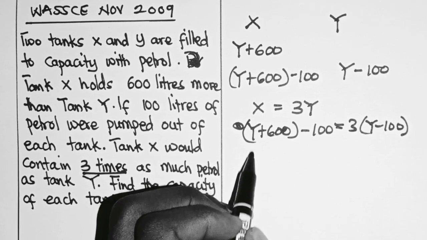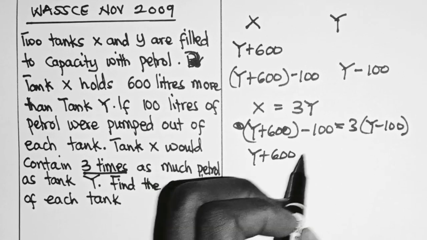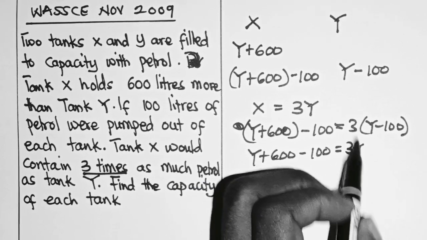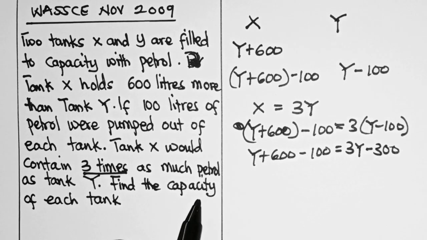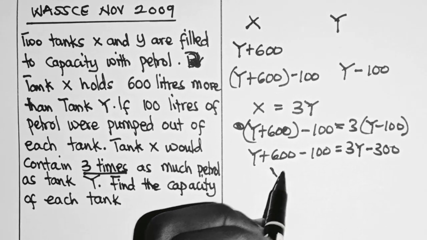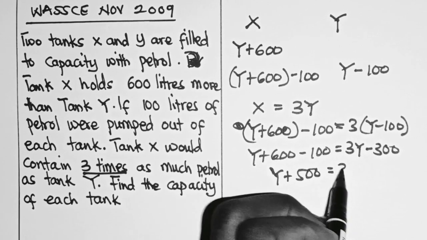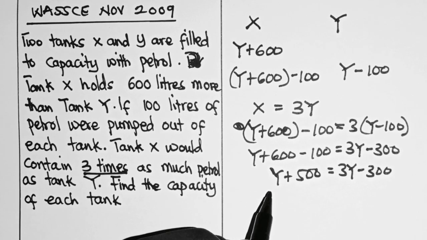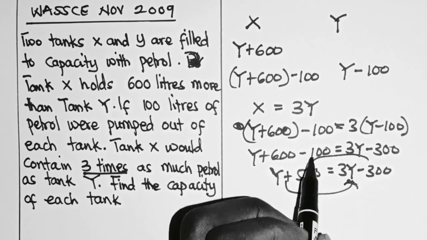So this becomes Y plus 600 minus 100 equals 3y. Then 3 times minus 100 becomes minus 300. So here becomes Y plus 500 equals 3y minus 300. So let's take y here and then bring 300 to this side.